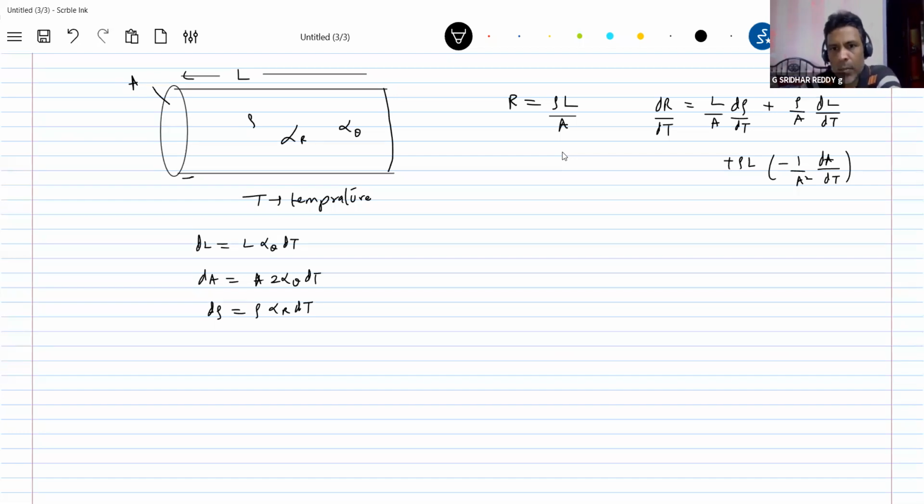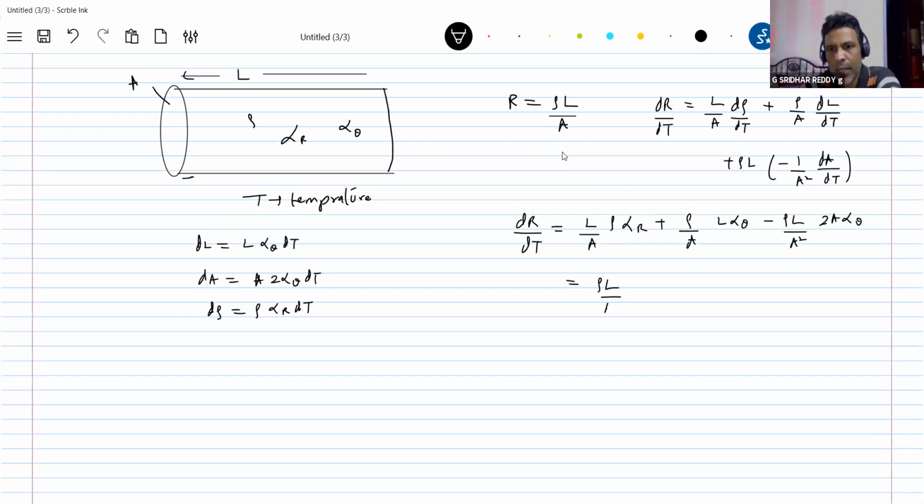So let me substitute all the things. So dR by dT is L by A, d rho by dT, and d rho by dT should be rho into alpha R, plus rho by A, dL by dT, which is L alpha theta, minus rho L by A square, dA by dT, which should be 2A alpha theta.